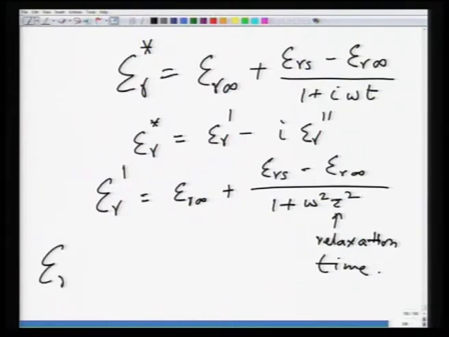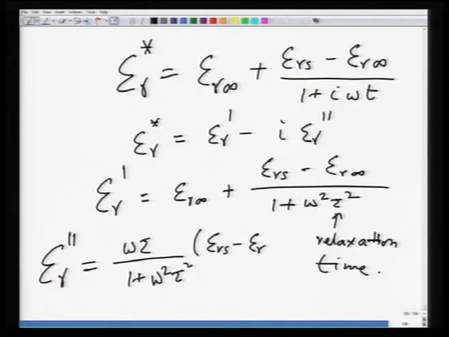And subsequently you can also get epsilon r double prime, which is omega tau divided by 1 plus omega square tau square multiplied by epsilon rs minus epsilon r infinity, where epsilon rs is the static dielectric constant at low frequencies and epsilon r infinity is the static dielectric constant at high frequencies.